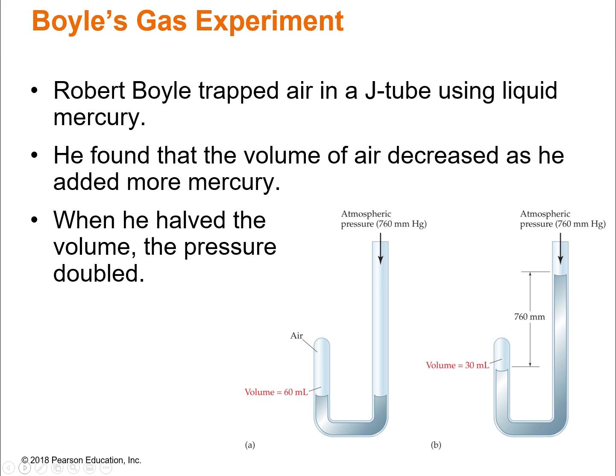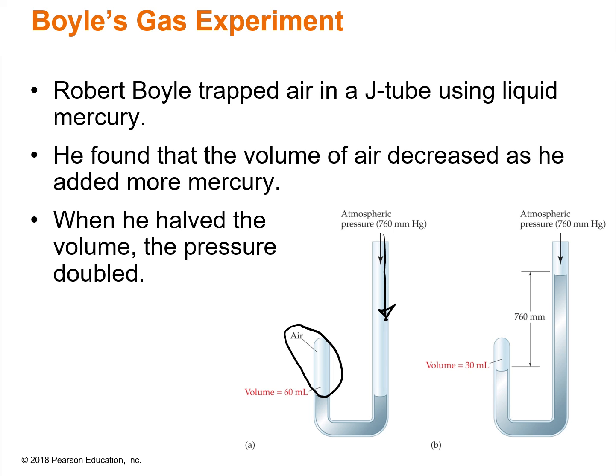So Robert Boyle used what's called a J tube, and it's literally a tube that's shaped like a J. And liquid mercury is great because it's very dense and it can act as kind of an air block. He put some mercury into this J tube and trapped air here and allowed atmospheric pressure to push down on the mercury, right?